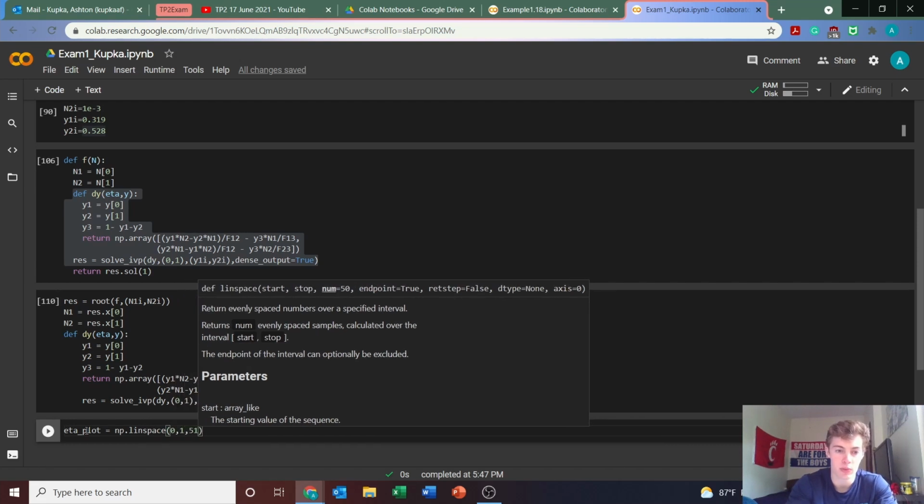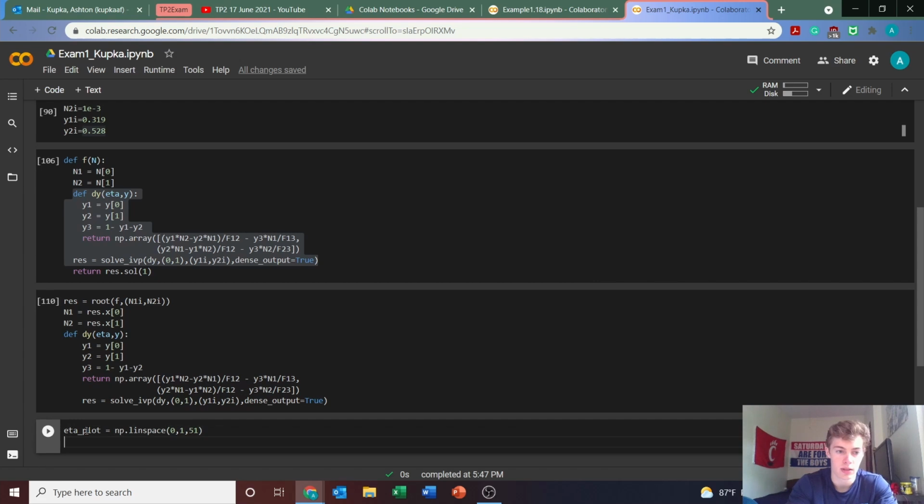We want 50 points, and then we can do sol equals res.solve of eta_plot.